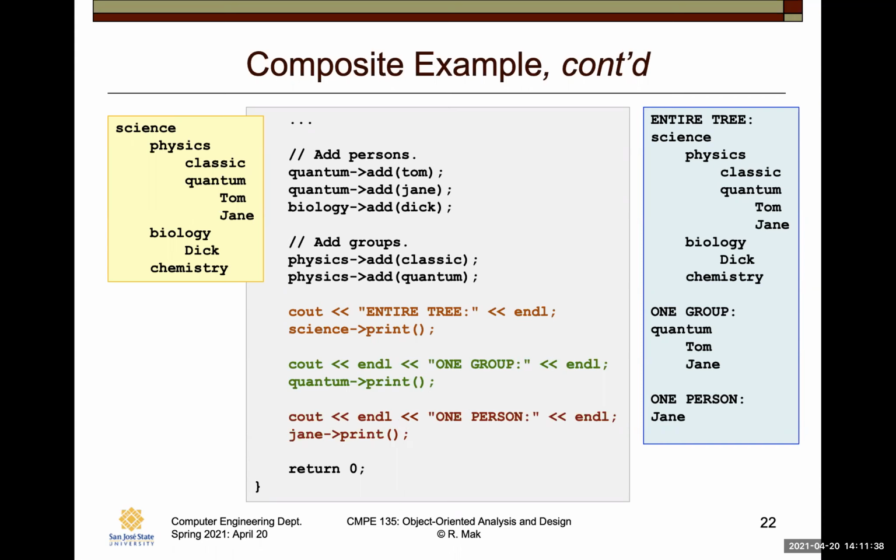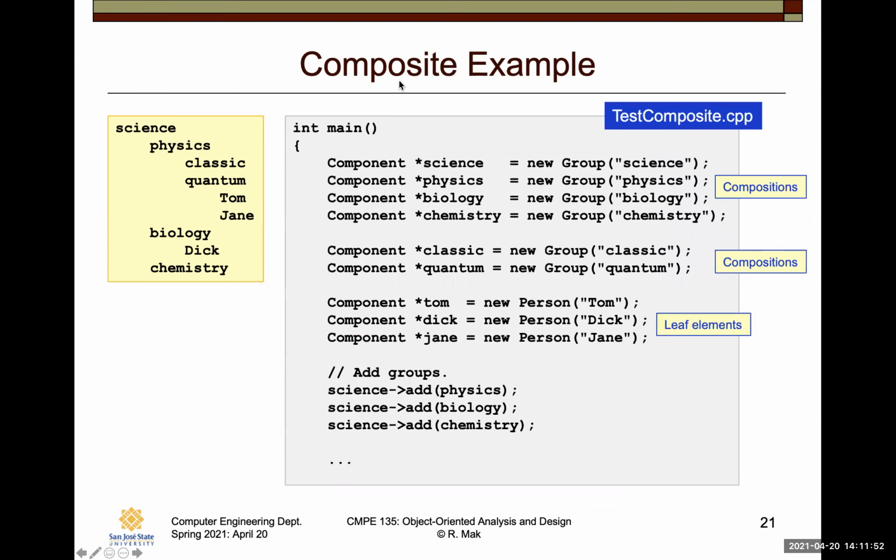Again, the way this works out is because person and group are both subclasses of component. And so here you can see lots and lots of uses of programming to the interface.